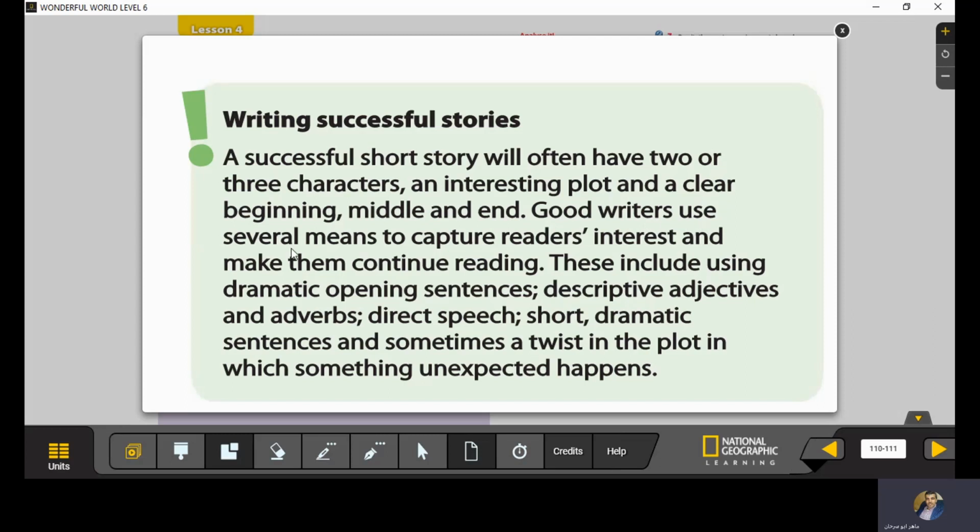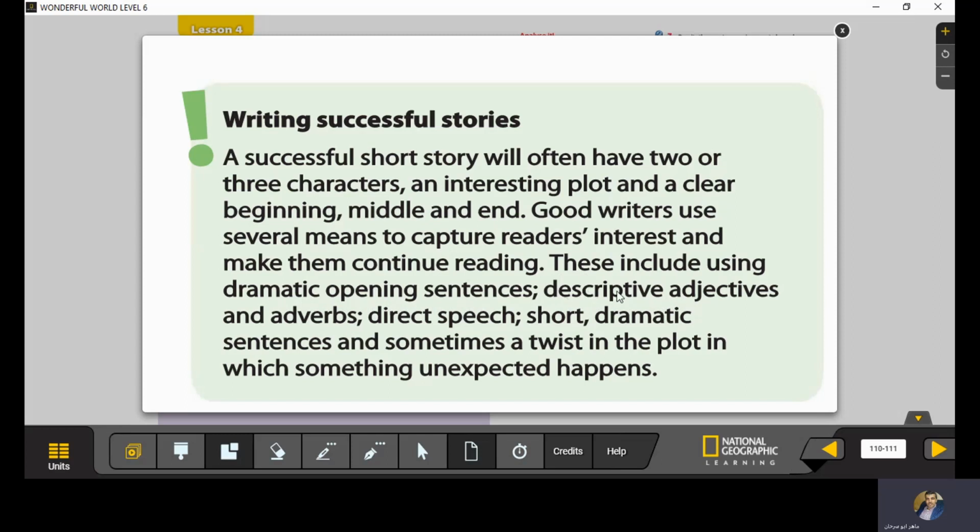Good writers use several means to capture readers' interest and make them continue reading. These are very important means, so I want you to pay attention to them, okay? These include using dramatic opening sentences to draw the attention of the reader. Number 2, we use descriptive adjectives and adverbs.